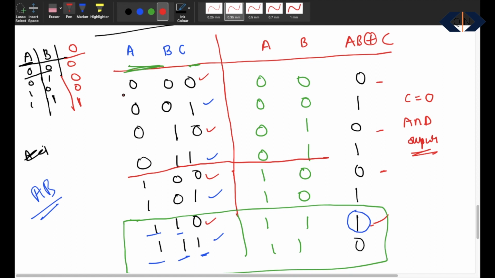Here we don't have control from A and B, so our C is the same. Here also it is 1, so it is not flipping. Same for 0, 1: we have control in B but not in A, so C is not flipping. Like that.